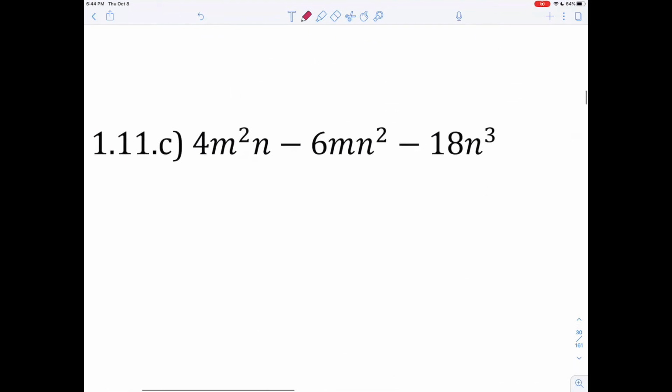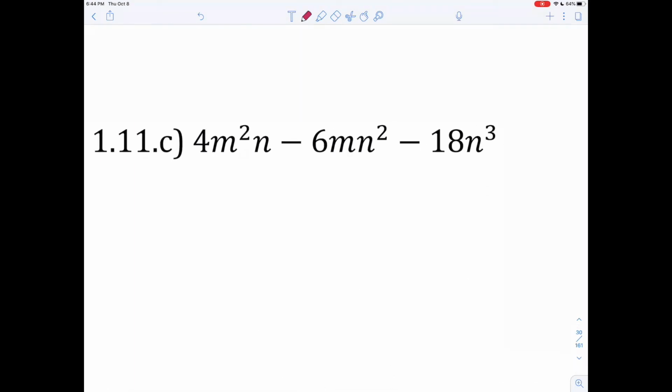So these examples aren't too much different here, except in this particular case, when we start factoring, remember, we always look for GCFs first. And here we can see that there is, in fact, a GCF. So I'm always going to pull that out before I start factoring. In terms of numbers, all of these are divisible by 2. That's their GCF. And in terms of variables, these ones have m's, but the other ones don't.